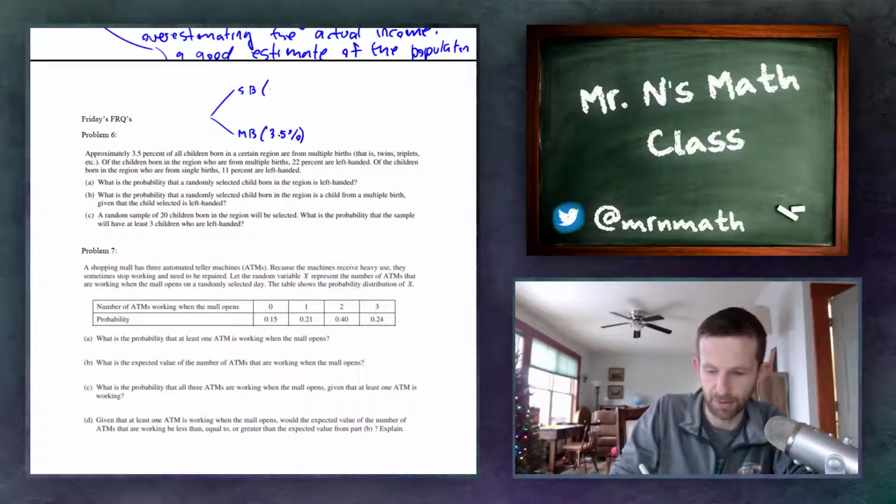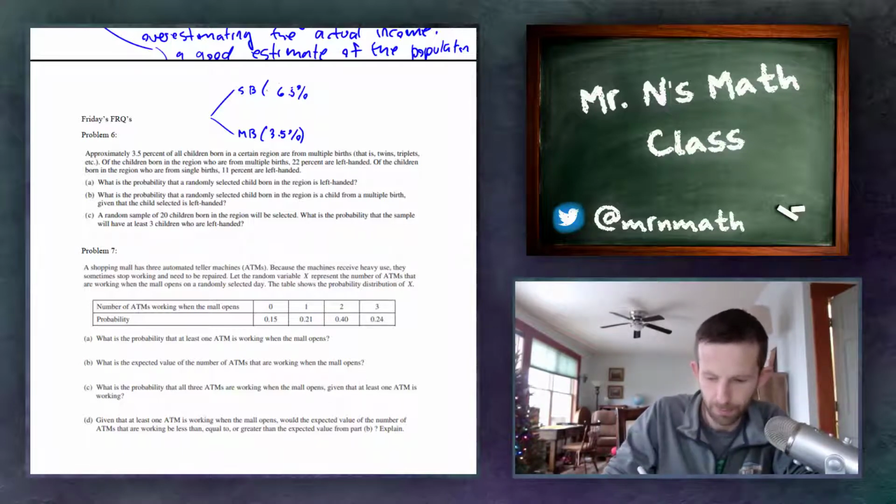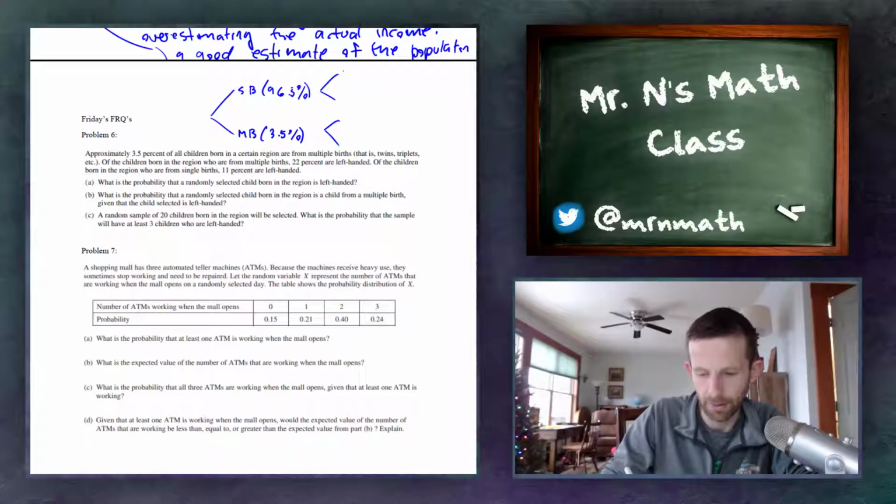So this is 66.5%. Nope, 96.5%. You can split it again. So left-handed, right-handed, left-handed, right-handed.